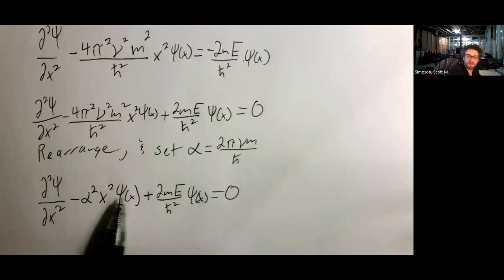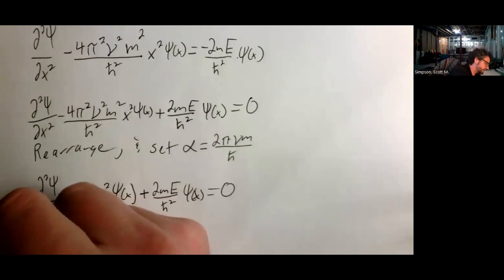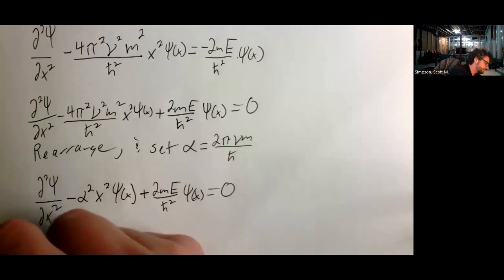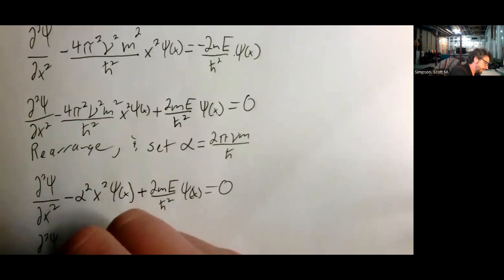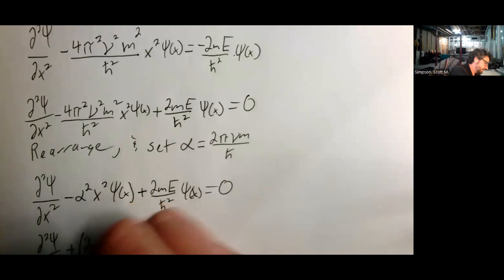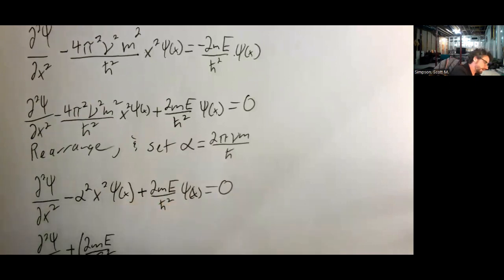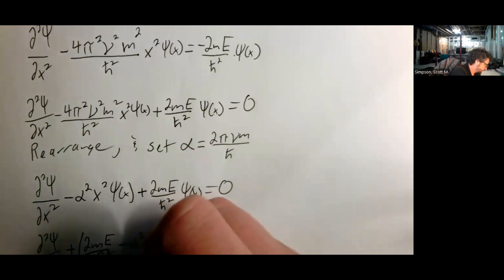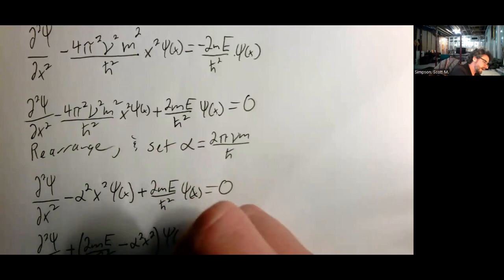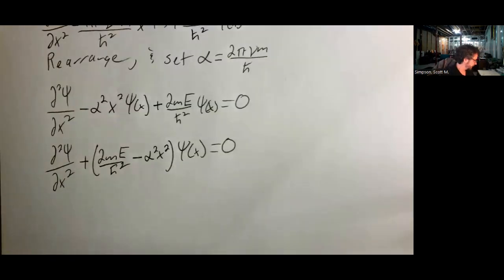So what we're going to do next, we can pull out the wave function in this portion: 2mE over h bar squared minus alpha squared x squared, all of that times psi x is equal to 0. Okay, so this is our differential equation that we should be able to solve and figure out.